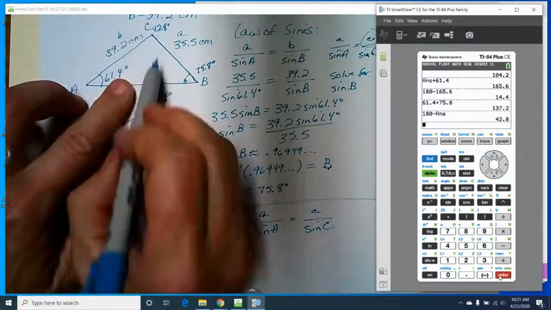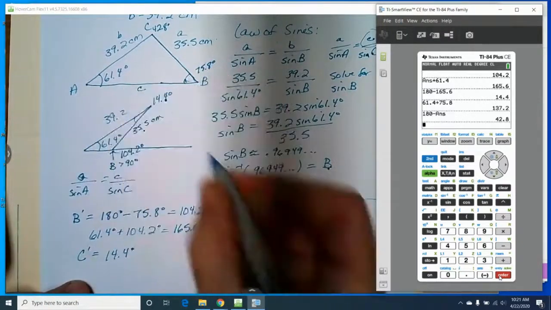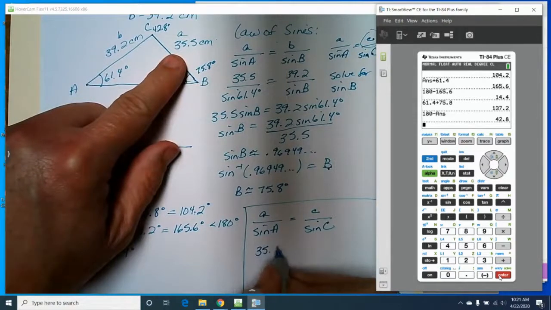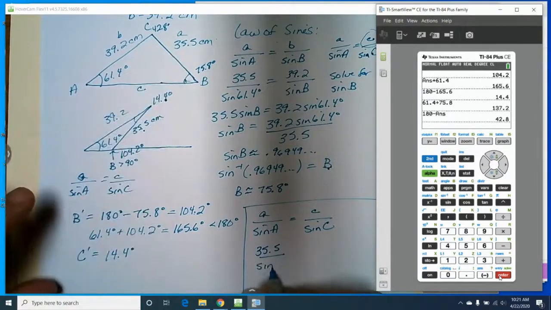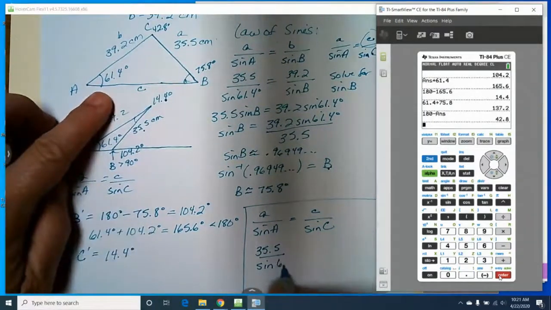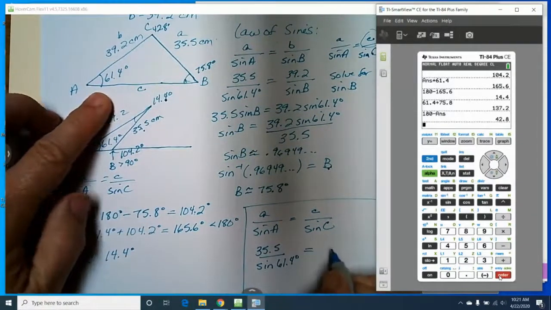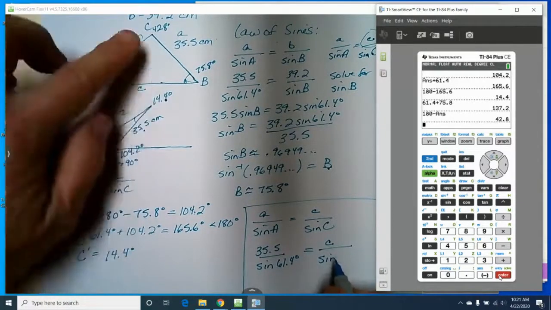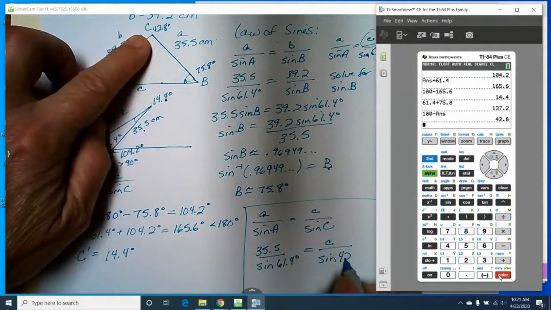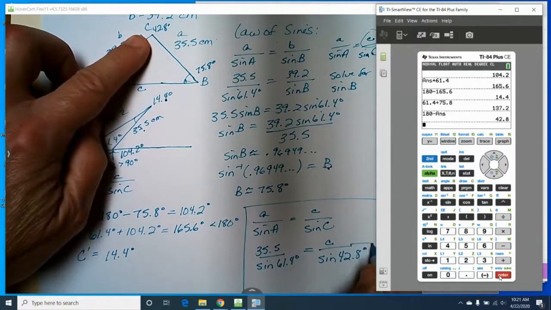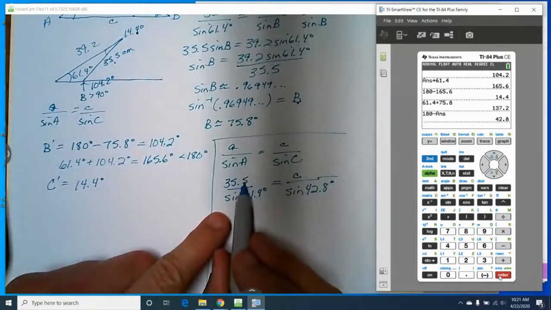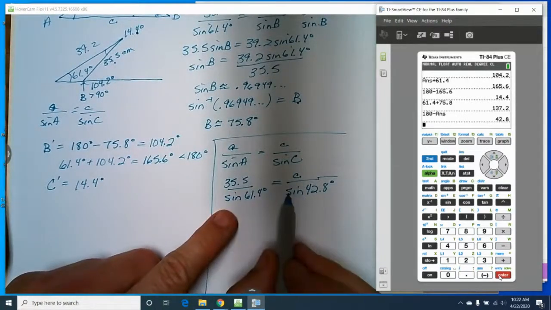Okay, so let's do it with this triangle to solve for side C, which is over here. So our side A is 35.5. And then we've got the sine of 61.4 equals side C, which is the thing we don't know, over the sine of angle C, which in this triangle is 42.8. So all of these with the law of sines, you always end up with a proportional equation like this where you can cross multiply.